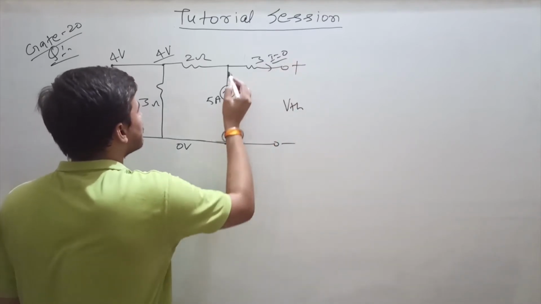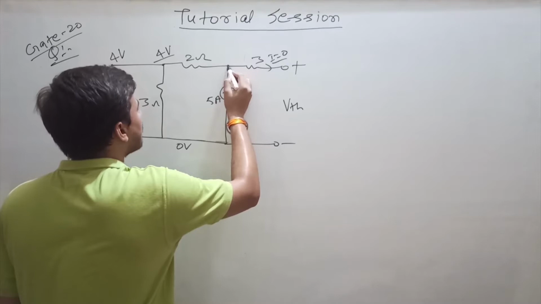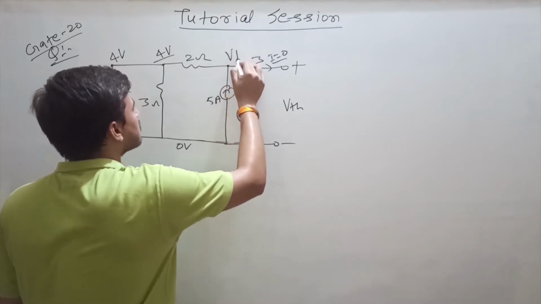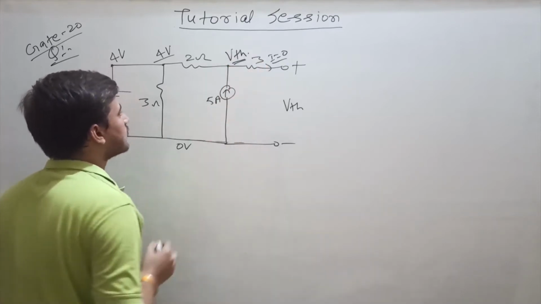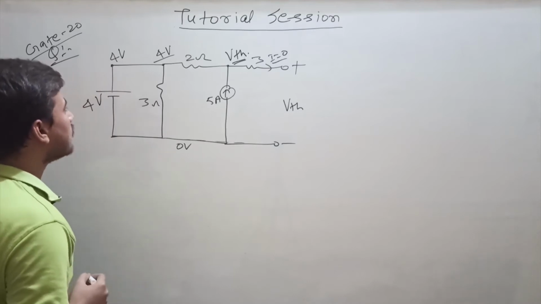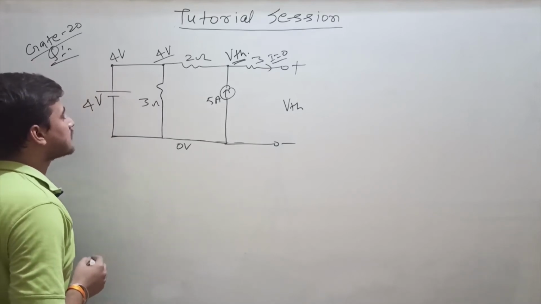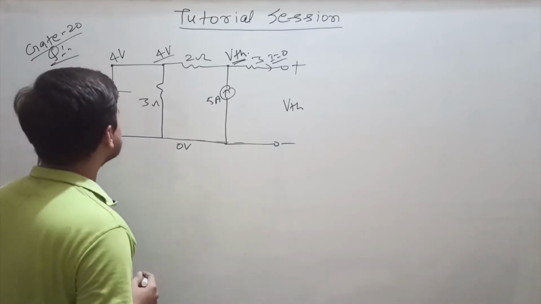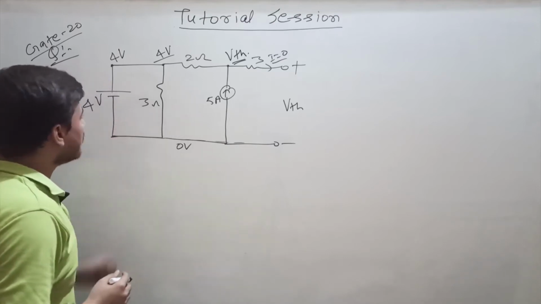If this current is 0, then the potential at this point will also be equal to VTH. Clear?